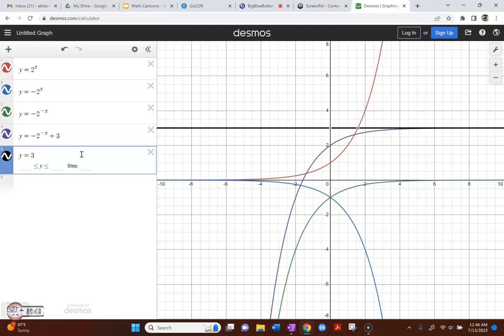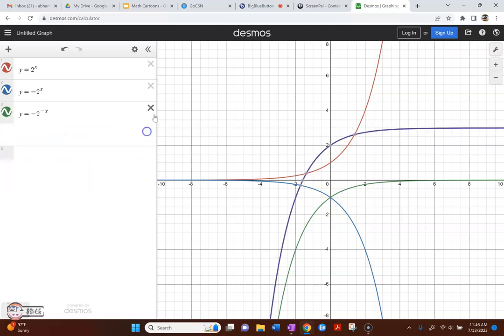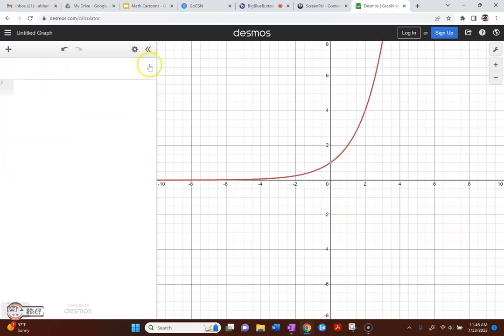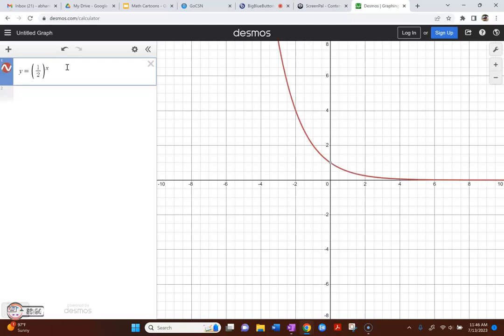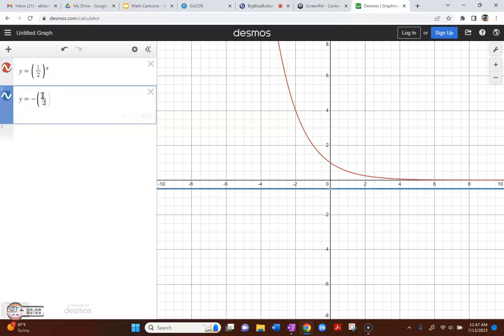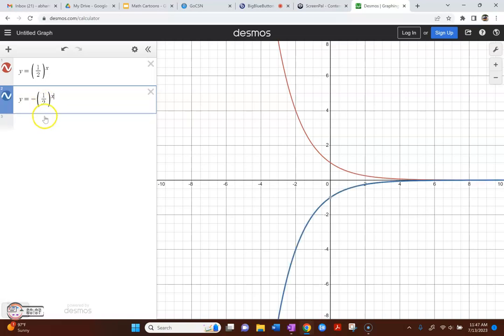The other approach to this problem is to make 1/2 to the x your parent function, which is this one. That's 1/2 to the x. And then you put a negative in front of that, which will reflect it about the x-axis.